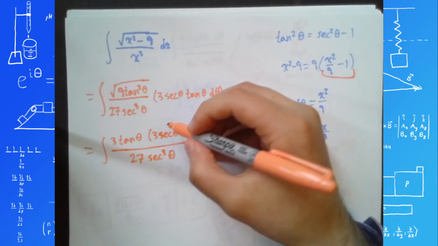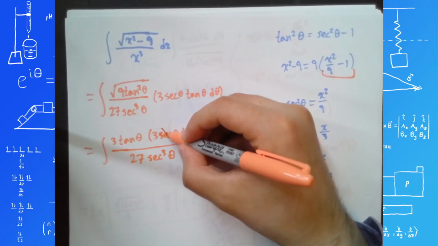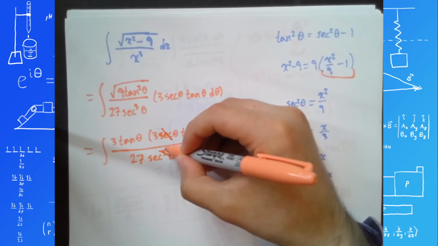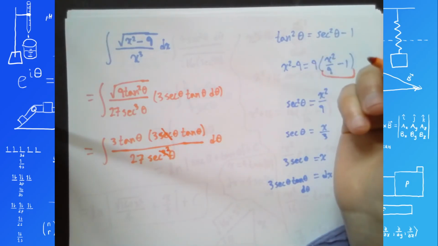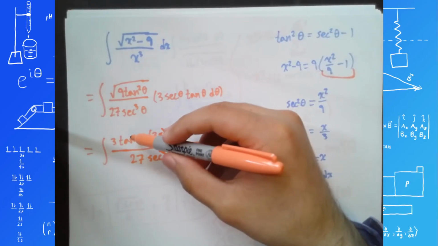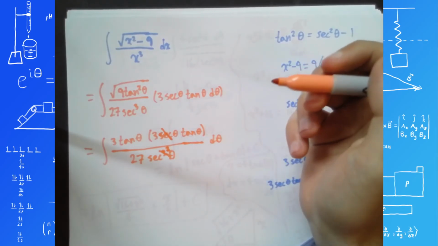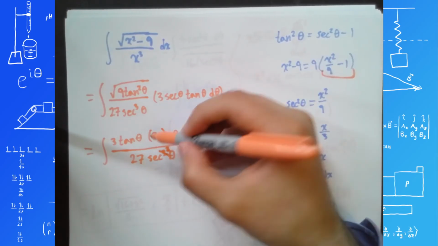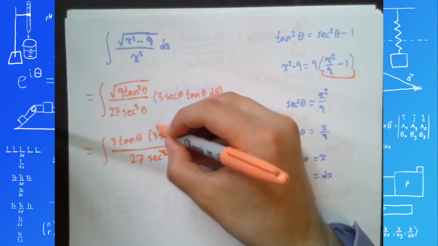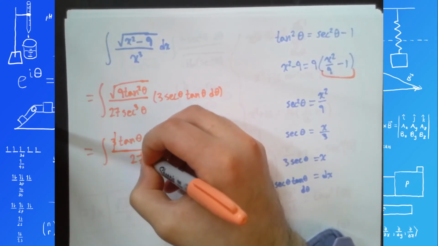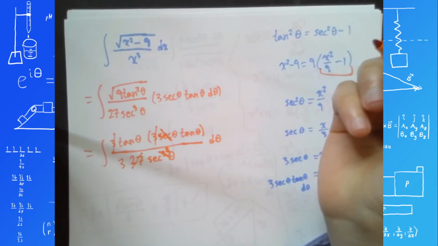Let's see, I can cancel out 1 power of secant, so that reduces to a secant squared. And then in the numerator, I've got tangent times tangent will become tangent squared. The 3 and the 3 and the 27 can reduce. That just leaves us with a 3 in the denominator.